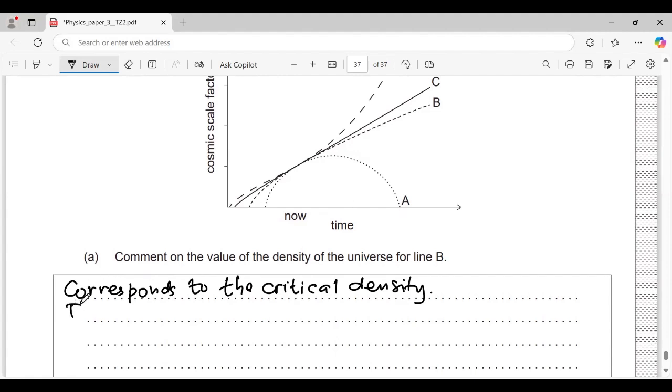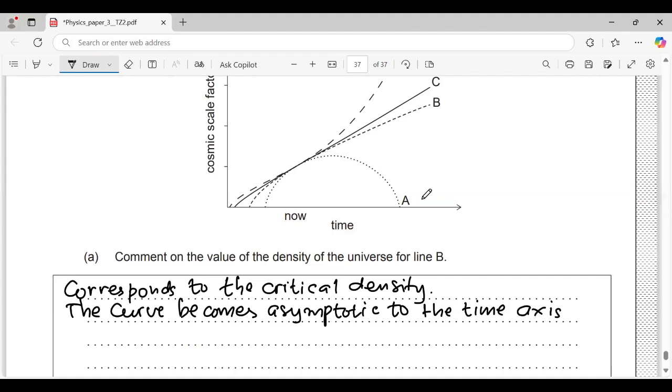The curve becomes asymptotic to the time axis.